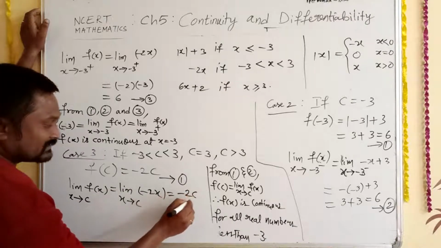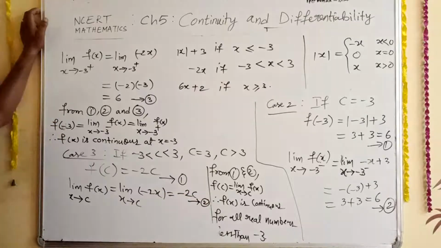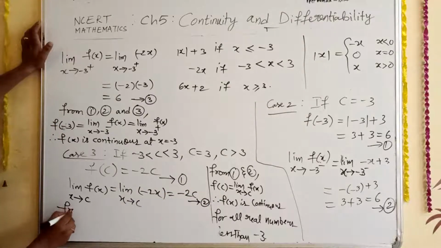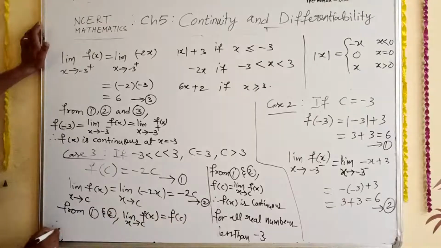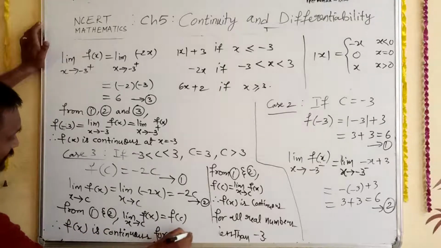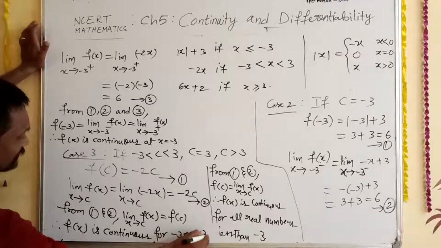So minus 2c. This is equation number 2. So from 1 and 2, limit x tends to c f of x is equal to f of c.